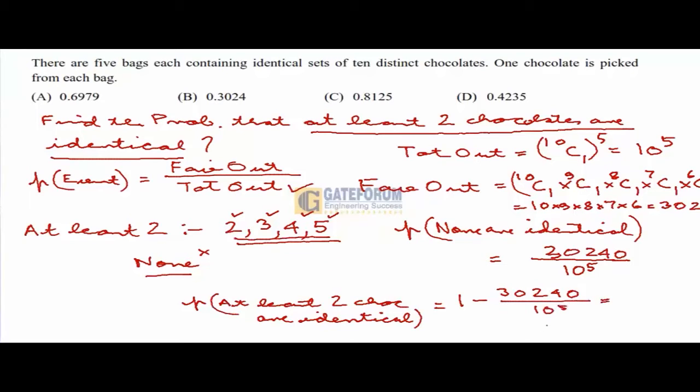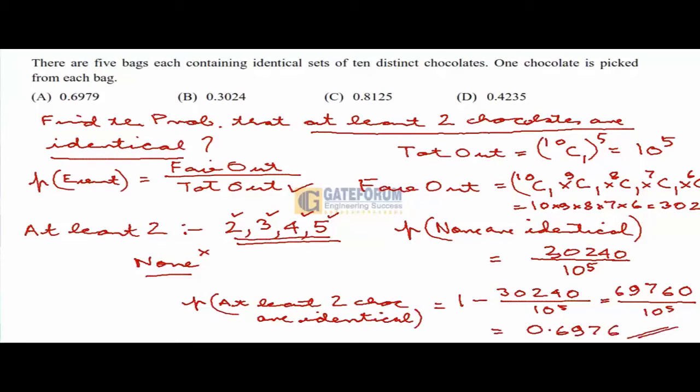That is equal to 10 to the power 5 minus 30240, which gives 69760 divided by 10 to the power 5. Now which actually comes out to 0.6976. So this is the probability.